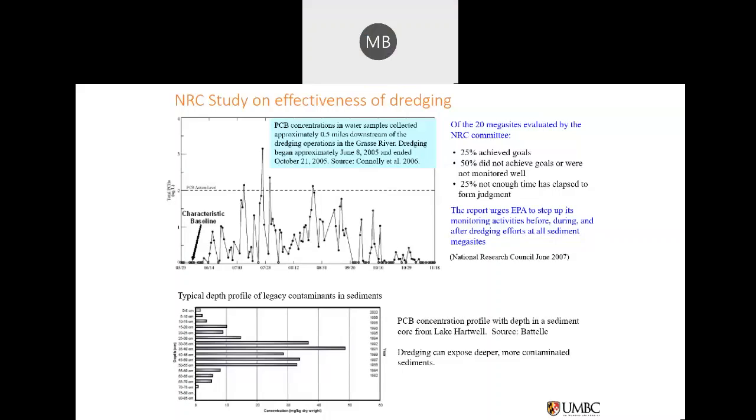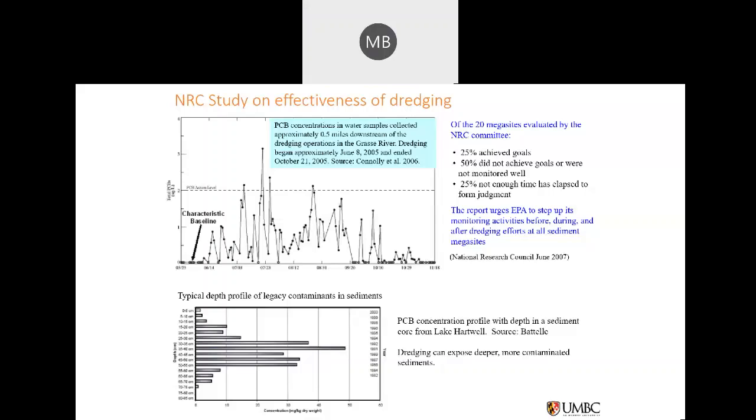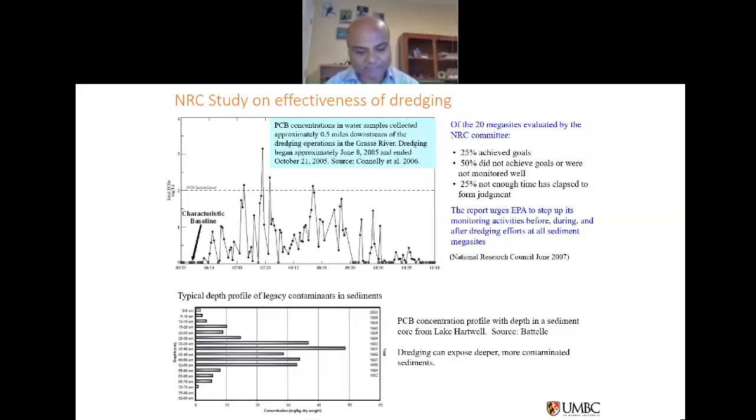And then it has been continually coming down. As we dredge and we remove, we expose some of the more contaminated stuff, which then increases the level of contamination that we have in the water column, at least temporarily. So that's been a big challenge. So a lot of our work went into understanding how these chemicals behave in these water bodies where you have contaminated sediments deposited. Next slide, please.